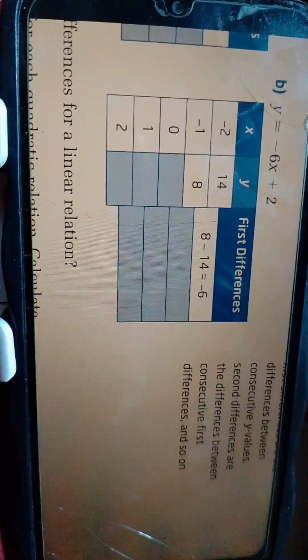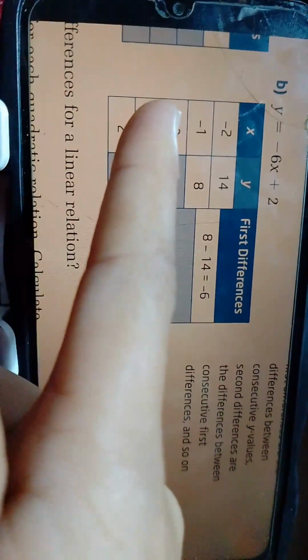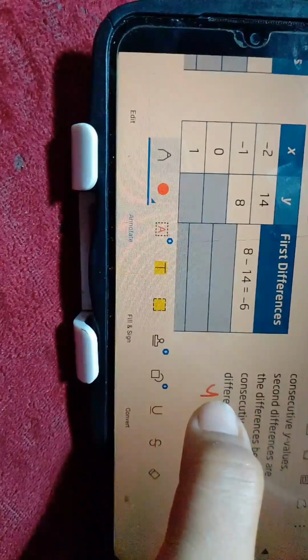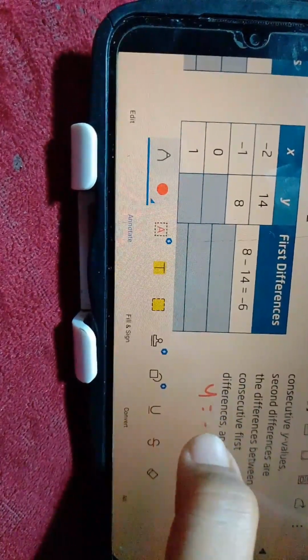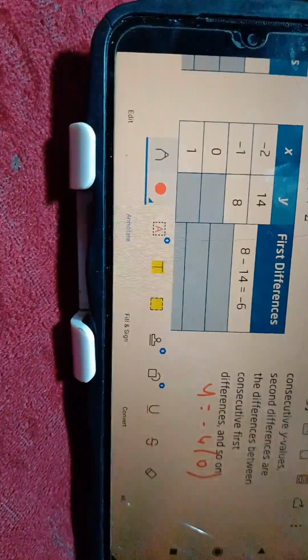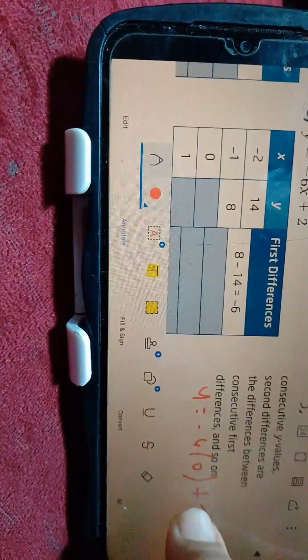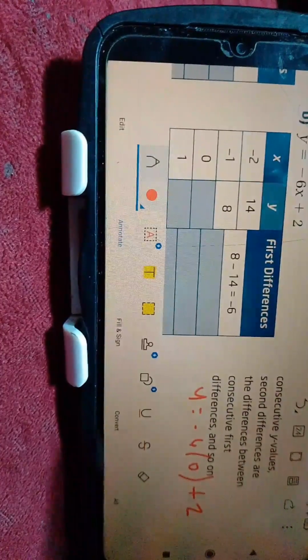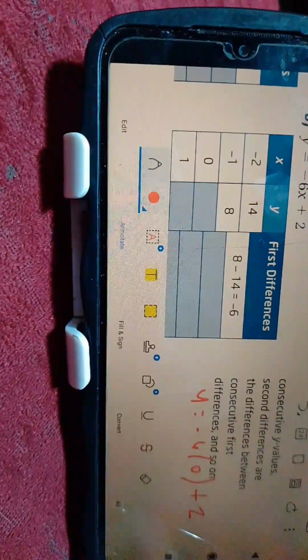y is equal to negative 6x plus 2. All you have to do is substitute the value of x. So we have y equals negative 6 times 0, since our x is 0, plus 2. We follow this from the given linear equation above.